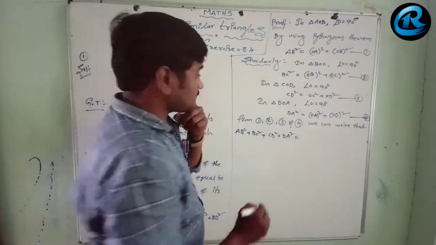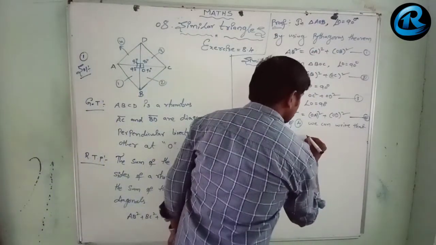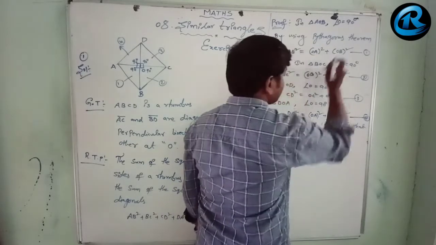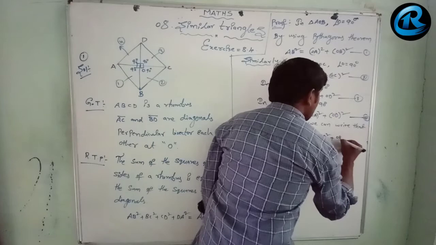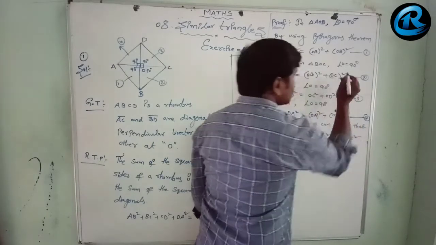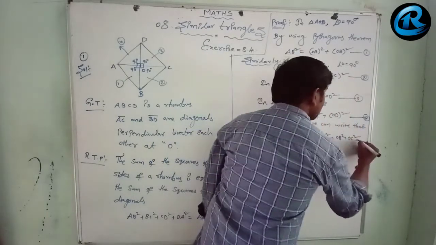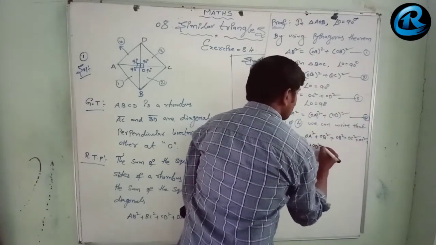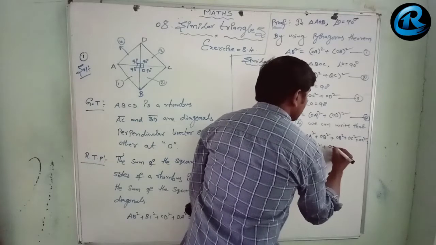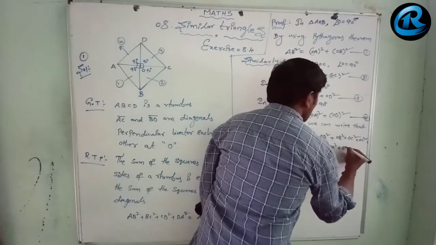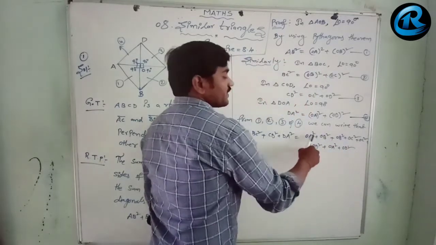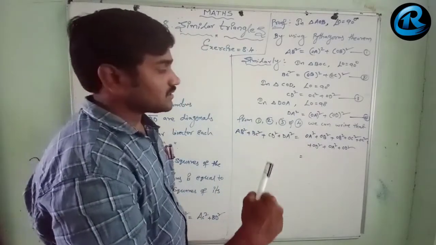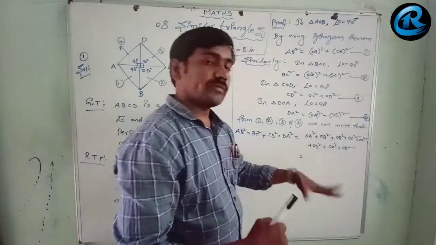Now let us see the RHS sides. What are left here? OA square plus OB square, next plus OB square plus OC square, again plus OC square plus OD square, here OA square again plus OD square. So if you observe, every OA square is repeating 2 times, OB square also repeating 2 times, OC square and OD square also repeating 2 times.